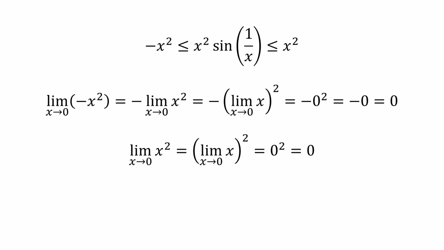Hence, by the Squeeze Theorem, we have a final answer: the limit as x approaches 0 of x² sine of 1 over x equals 0.